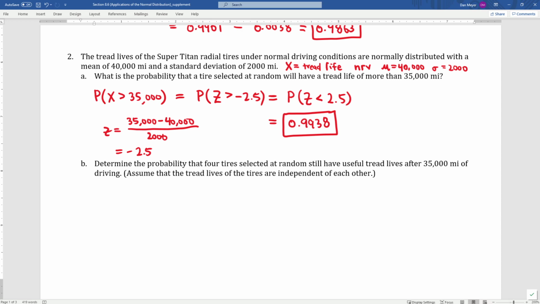I guess this is one way to deal with the problem: we have a new random variable y that's going to be the number of good tires after 35,000 miles.